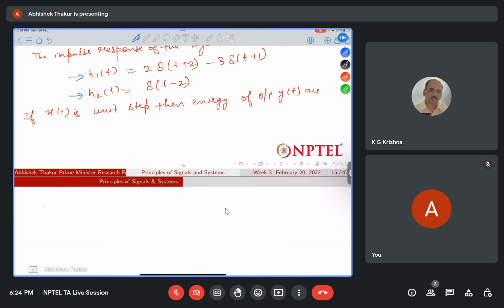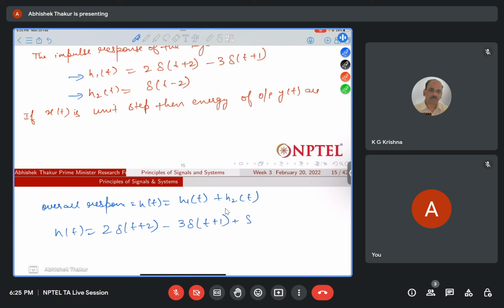Let's suppose the overall h(t) is h1(t) plus h2(t). So our h(t) is equal to 2 delta(t+2) minus 3 delta(t+1) plus delta(t-2).